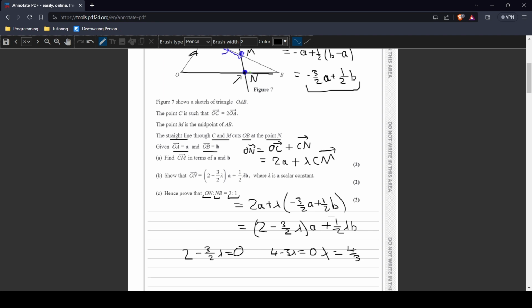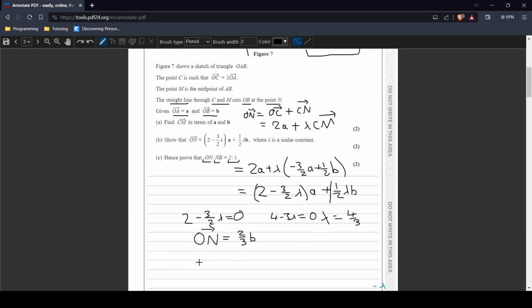And then we can substitute it back in to find that the vector ON is, well, a half lambda is now 2/3, so the vector ON is 2/3 b. And now it's pretty straightforward to show this ratio.